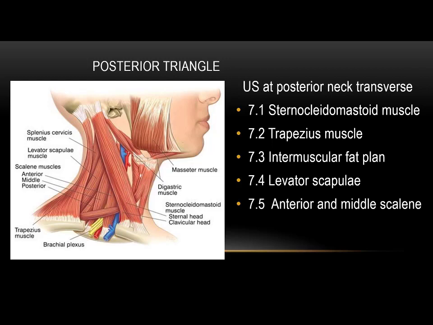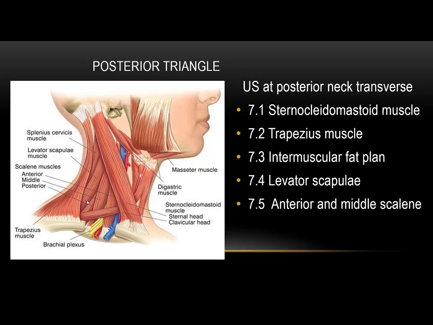There are two major muscles that we learned already, the anterior and middle scalene. These two muscles are closer to the sternocleidomastoid, and the other one is the levator scapulae, which is in closer proximity to the trapezius muscle. So when we scan, remember which muscle you are following, the sternocleidomastoid anteriorly, and more posteriorly the trapezius muscle.